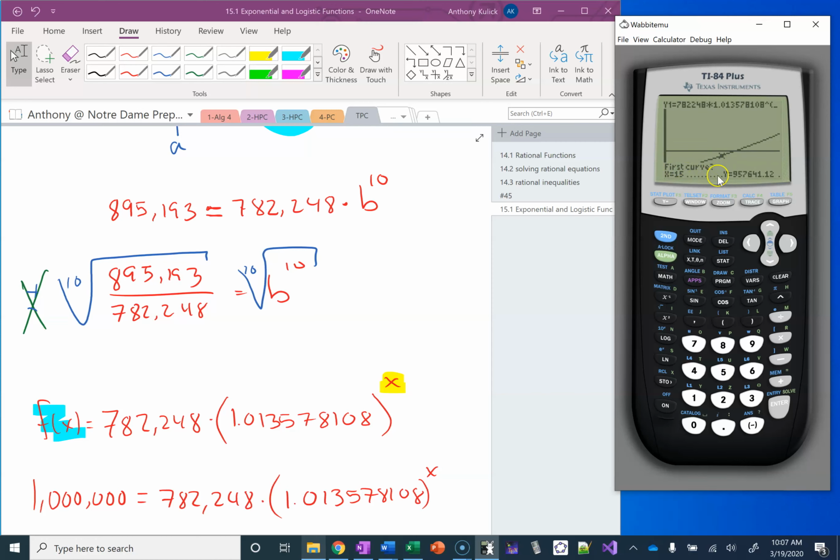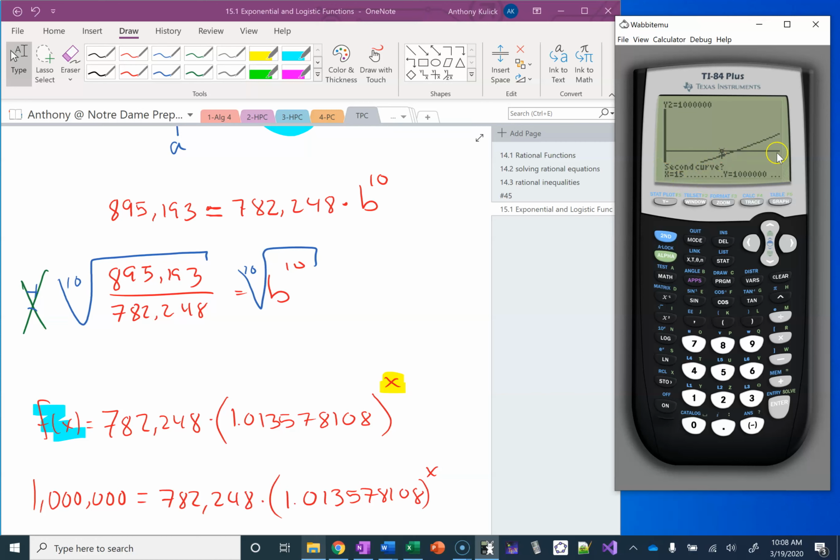Now you notice that the calculator has given me some questions here at the bottom, and my cursor's popped up there. So it says first curve. Well, this is one of the curves I want to find the intersection of. So anywhere on this curve, I can press enter. Where my cursor is right now, that's fine. So I'll just press enter. You notice when I did that, it automatically toggled my cursor onto the next curve, and now asks for a second curve. Well, I only had 2 curves in my calculator.